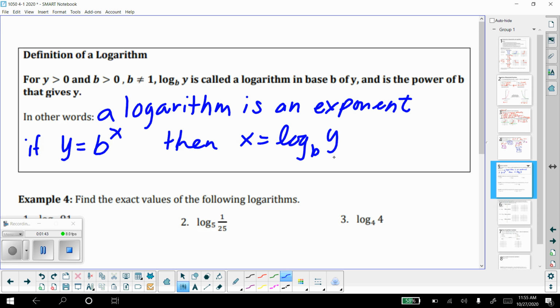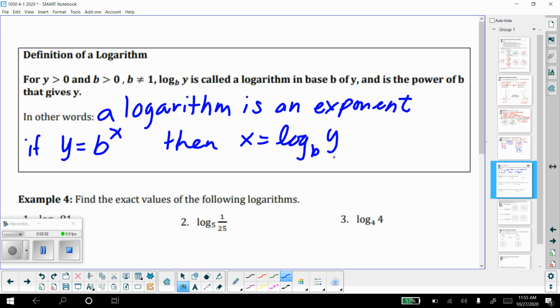So notice in our exponential, x is the exponent. In our logarithm, x, the exponent, is equal to the logarithm. So the logarithm literally represents the exponent in our exponential.